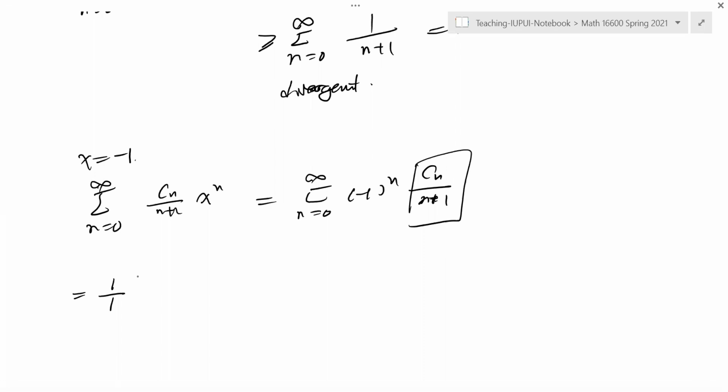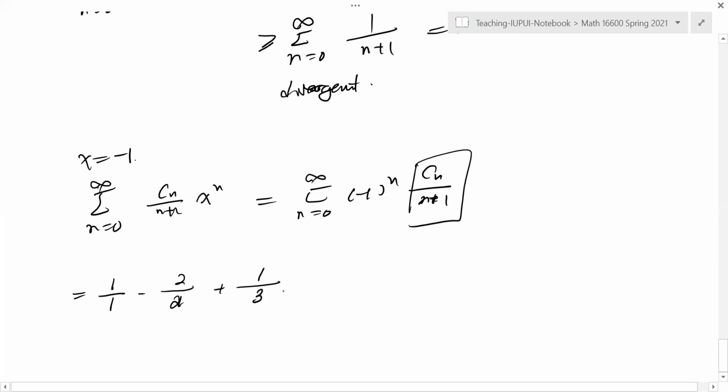When n equals 0 to 1, so minus 2 over 1, plus 1 over 3, and when n equals 2, C2 is 1, C3 is 2, right? Something like that.